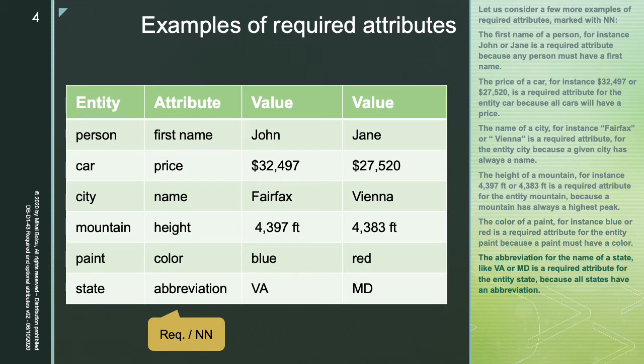The abbreviation for the name of a state, like VA or MD, is a required attribute for the entity state because all states have an abbreviation. In all these examples, the attribute has a value for all entity instances currently defined or that will be created in the future.